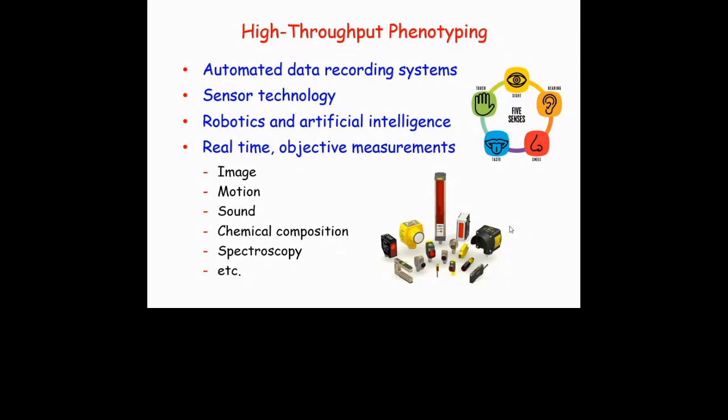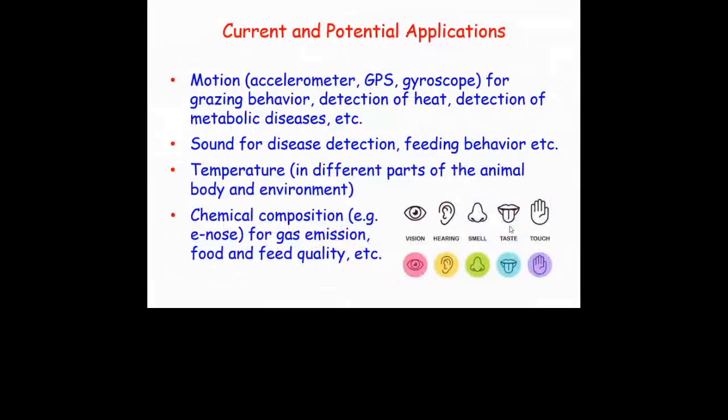So we are using sensor technologies, things that we can use to look at motion of animals, sound, for example, to detect disease, like animals coughing, for example. Well, we saw examples today with GPS for tracking animals.